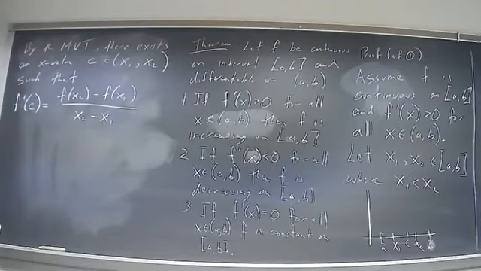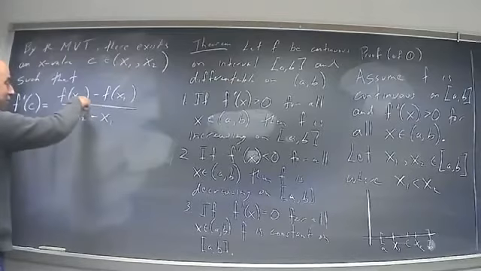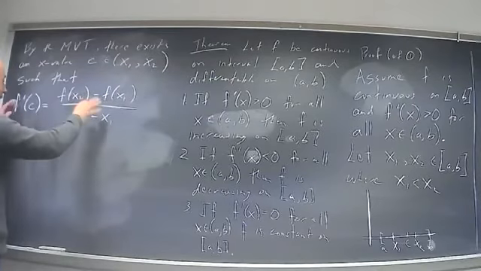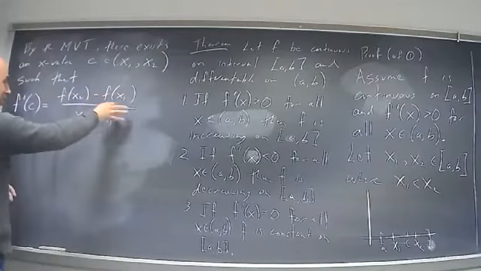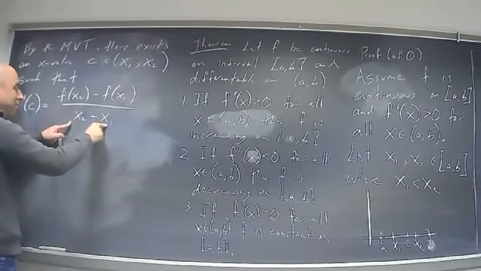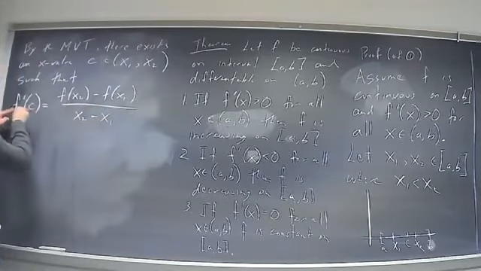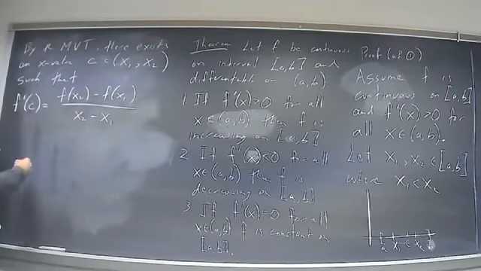I'm going to do a little bit of algebra now. I'm going to multiply both sides by x2 minus x1 to clear fractions. And I'm going to switch sides. So I'm going to write the f of x2 minus f of x1 over on this side. So that just brings x2 minus x1 next to the f prime of c. And then I'm going to switch sides of the equality, which doesn't matter.